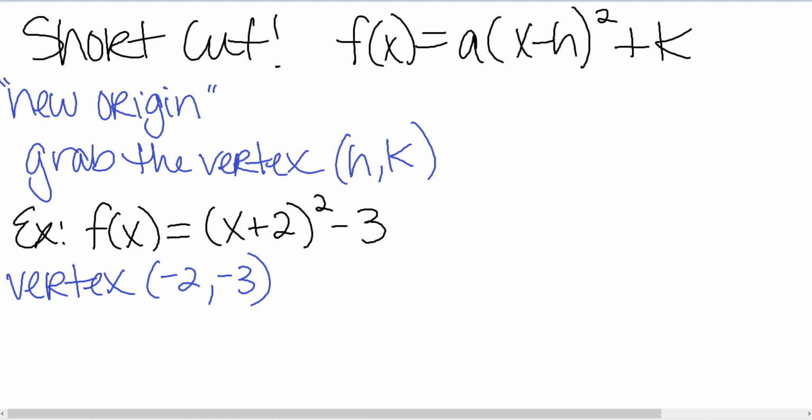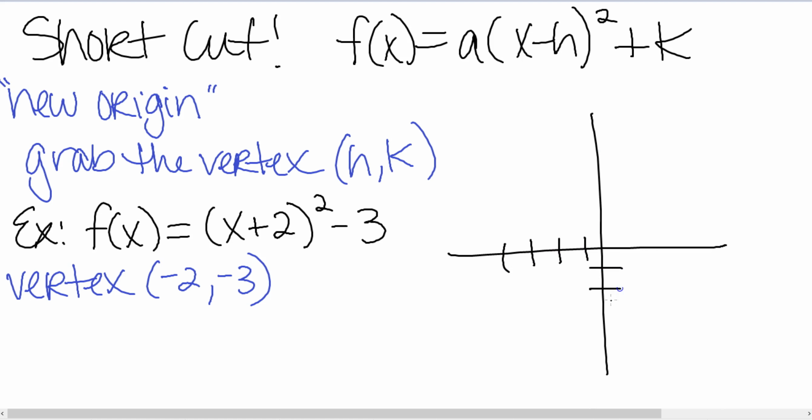So that's your vertex. So what I'm going to do is plot that vertex first. Let me make some grid marks. If I plot the vertex, x equals -2, y equals -3, so my vertex is here.